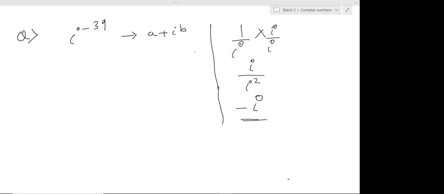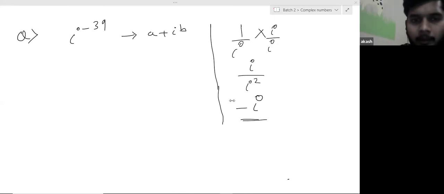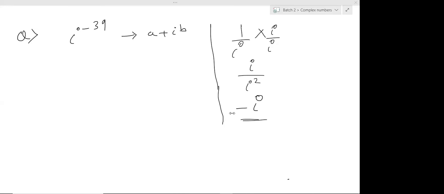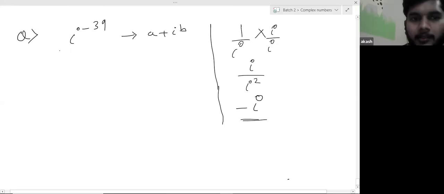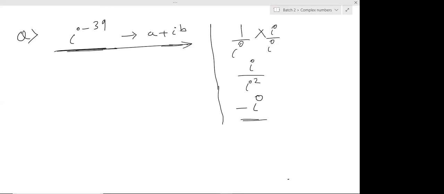Actually, I wasn't there this week, sir, so can you say what to do in this question? Yeah, see, this is the question, Atisha. I raised to the minus 39. You have to convert this into a plus ib form.